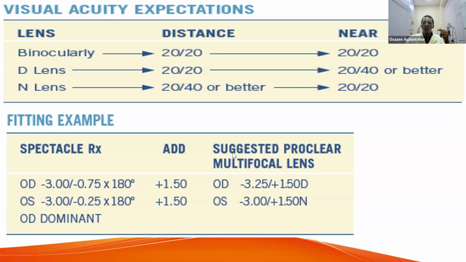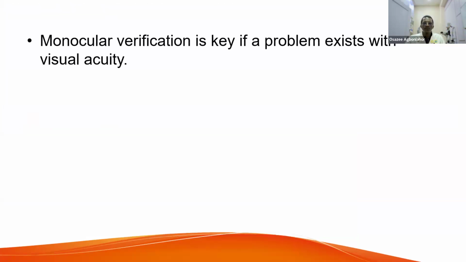While for the left eye, we still have -3, add 1.50 to the near lens. So what it means here is that for the right eye, this is the center distance. For the left eye, this is the center near, because this is the eye that will help you. The left eye is what will help the patient to read. The right eye is what will help the patient at distance. Very, very important to know.